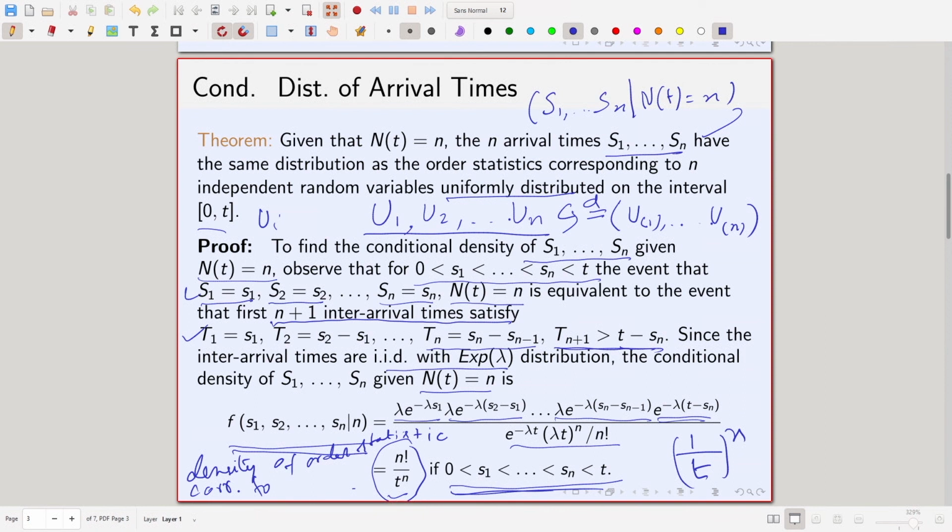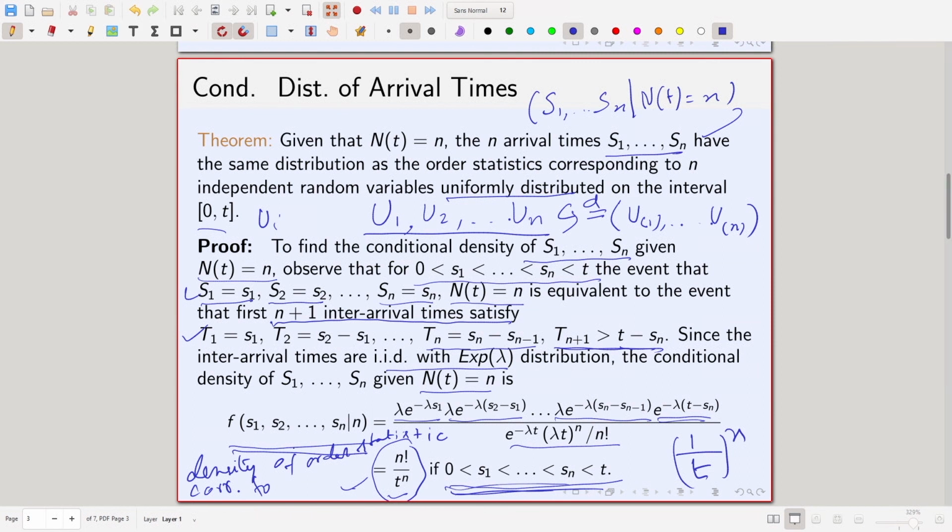So here the density is 1 over t, and hence you get that this is the density in this region.